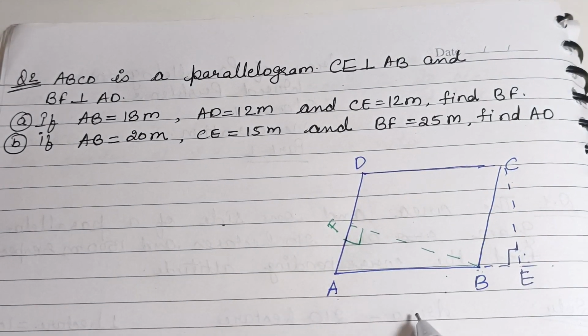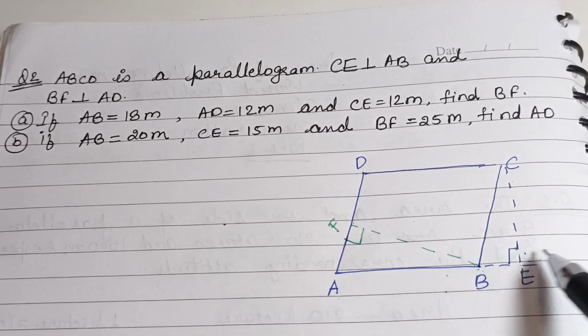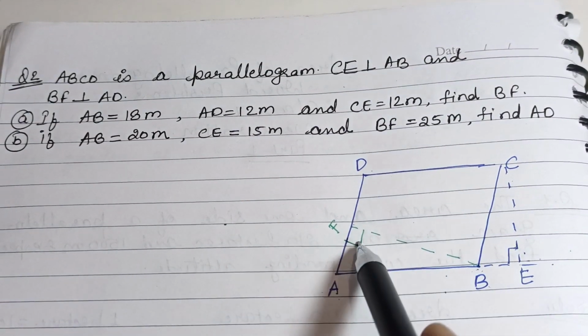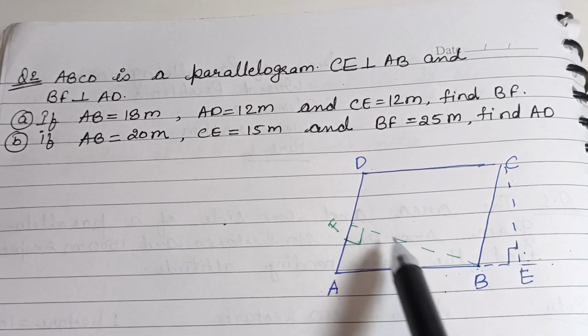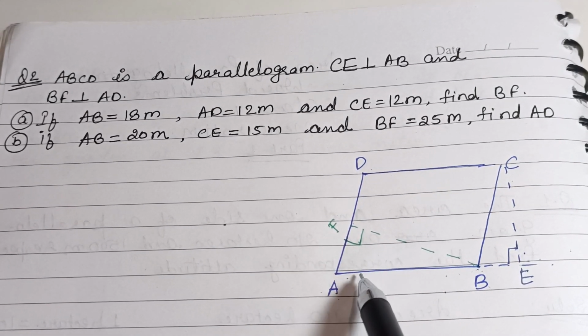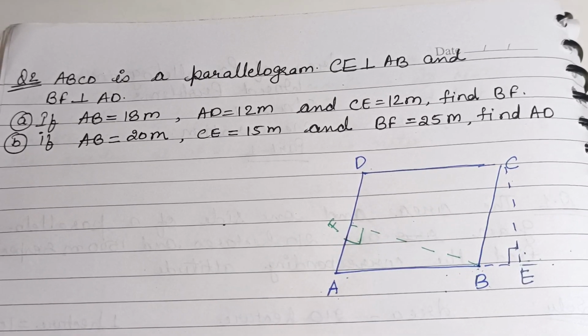You can find its area in two ways. Either you multiply AB with CE because these two are perpendicular, or you can multiply AD by BF because BF is perpendicular on AD. So there are two ways to find its area, and in both cases you will get the same area.